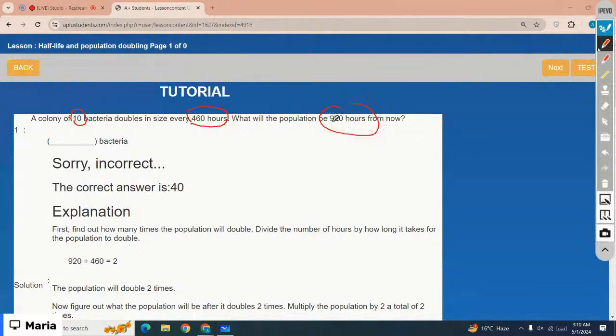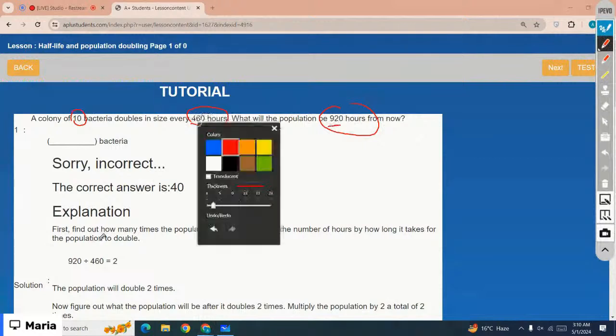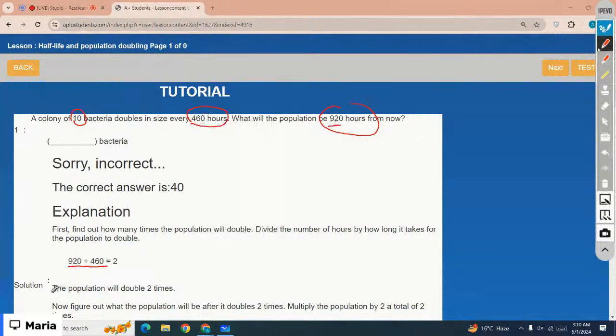So you have to divide 920 by 460. 920 divided by 460 means the population doubles two times: from 0 to 460, and 460 to 920. From 10, doubling means 10 times 2 is 20.